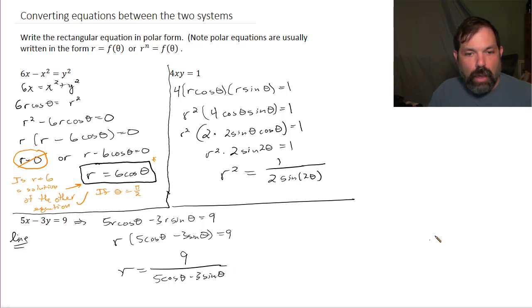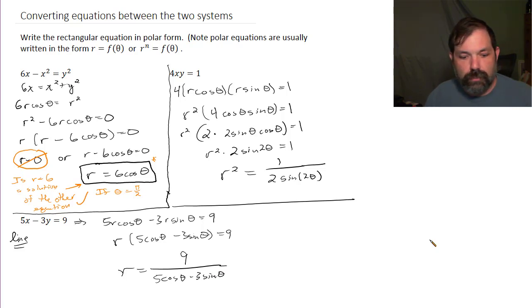And so there's the polar form of that equation of a line. Let's go in the other direction now. Let's start with polar equations and go back to rectangular form.